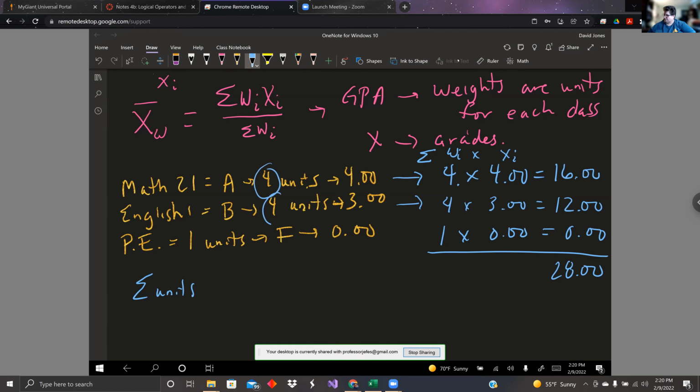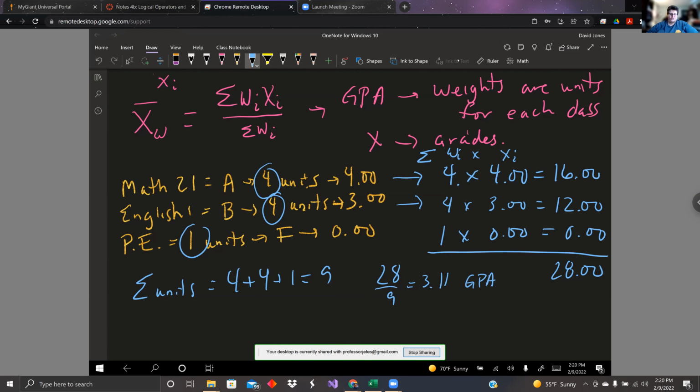And we had 4, 4, and 1, which is 9. And 28 divided by 9, my trusty handy dandy calculator says, is 3.11, and it keeps going. So you would have a GPA of 3.11.